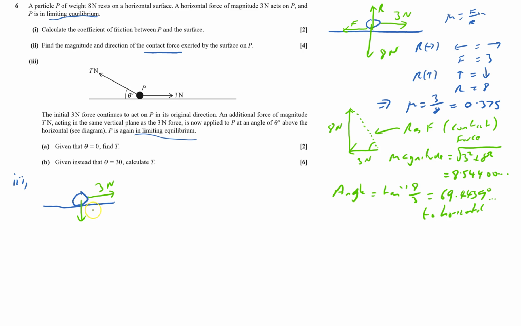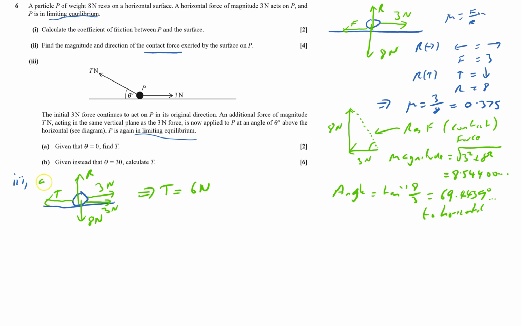I've still got the weight coming straight down, that's 8 newtons. I've got T going across here, and R going straight up, and R hasn't changed at all, and therefore friction won't have changed at all, and friction is going to have to go to the right here. The maximum friction is still 3 newtons, and therefore T equals 6 newtons.